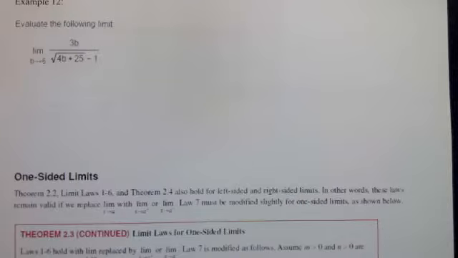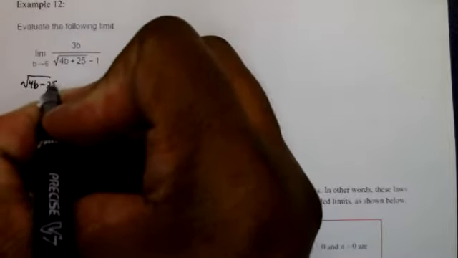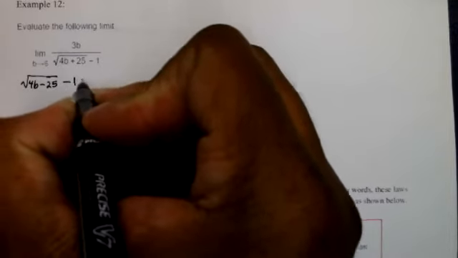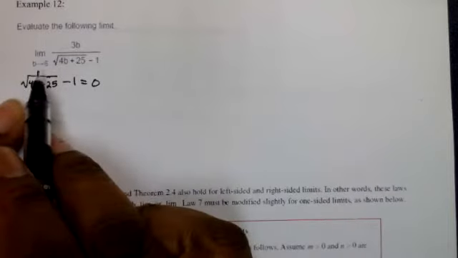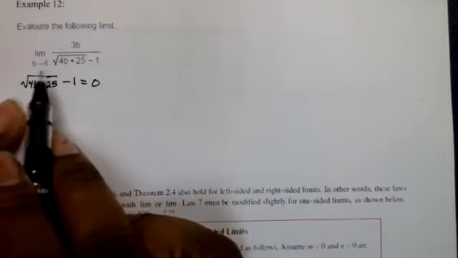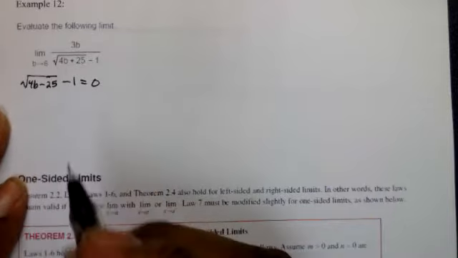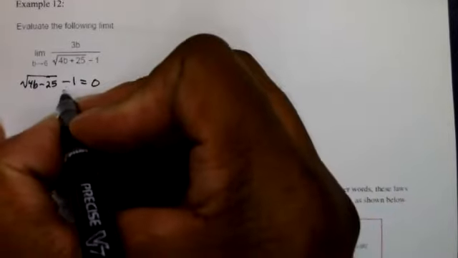I could do this. Take that denominator, set that equal to 0 to see if b is the same as this limit that I'm taking as b approaches 6. If it's not, I can use direct substitution.